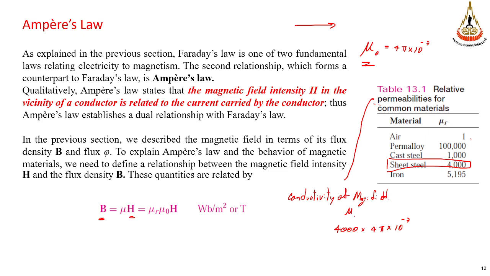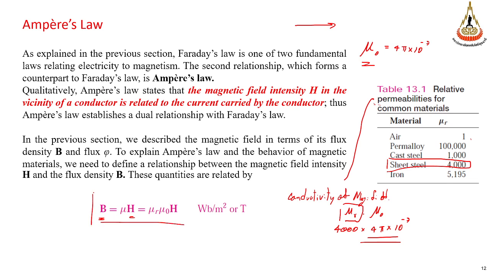This is mu equals mu r times mu zero. So we use mu r, the relative permeability, to indicate how many times the permeability of that material is over free space.